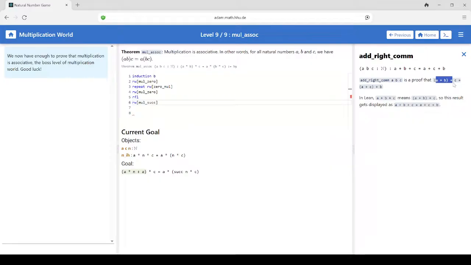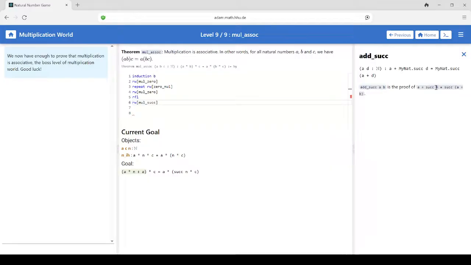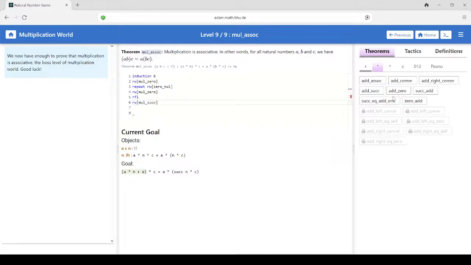A plus B parentheses plus C is the same as A times C. Okay. That's not what we're looking for, I don't think. A plus successor B. Sort of AB. I don't think that helps us either. Because before I did this, there was no addition, so none of these would be helpful. And now there's no successor anymore.